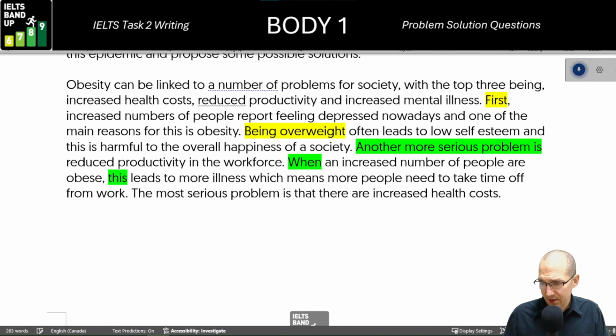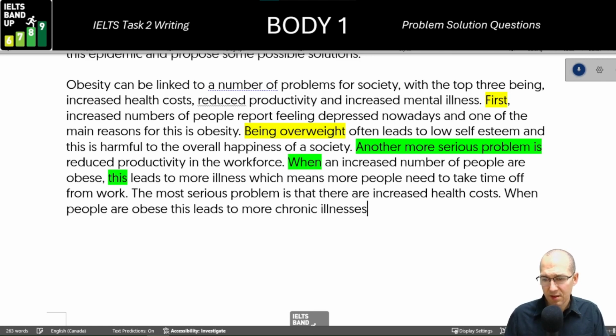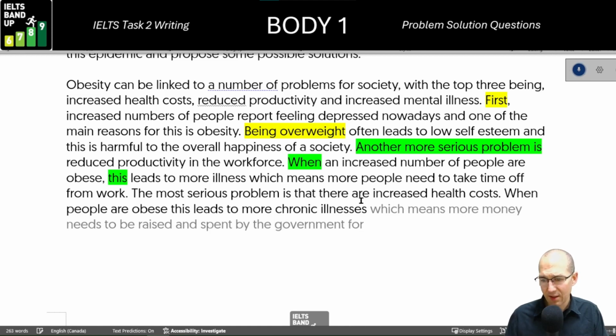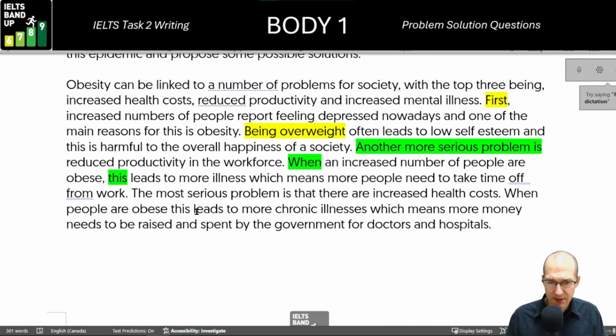When people are obese, this leads to more chronic illnesses, which means more money needs to be raised and spent by the government for doctors and hospitals. And there's our third point, right? And the most serious problem, there. We'll mark that with blue. And here is our point.